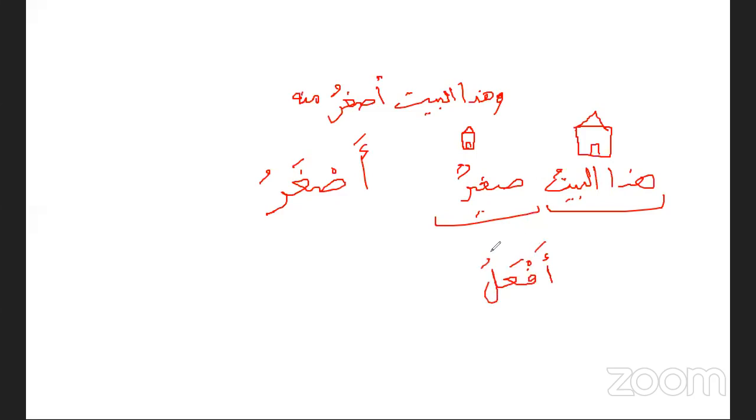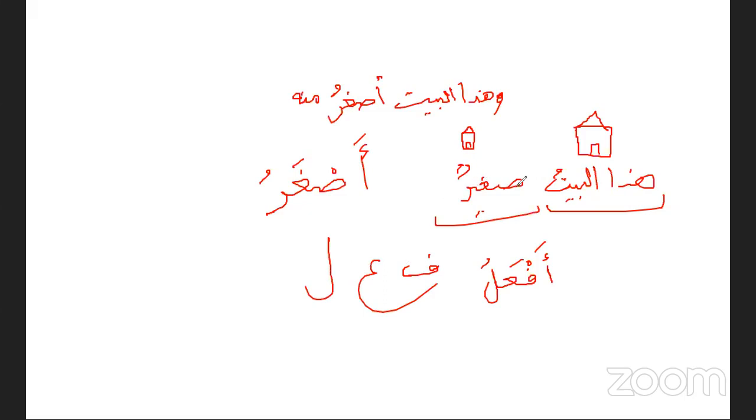In the Arabic language, the letters fa, ain, and lam are used to represent the three main letters in any given word. The three foundational letters in any given word are represented by fa, ain, and lam.